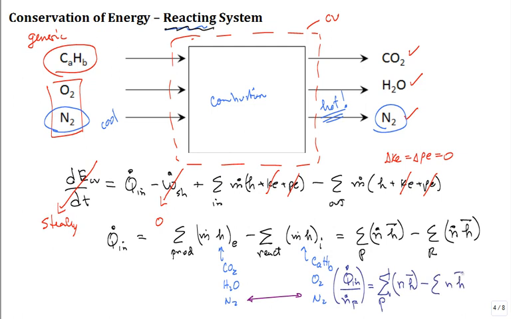What is this N right here? What are those N's? Those N's are the ratios of the molar flow rates divided by the molar flow rate of the fuel. It's the stoichiometric coefficient in our reaction equation, where we left the 1 in front of the fuel.